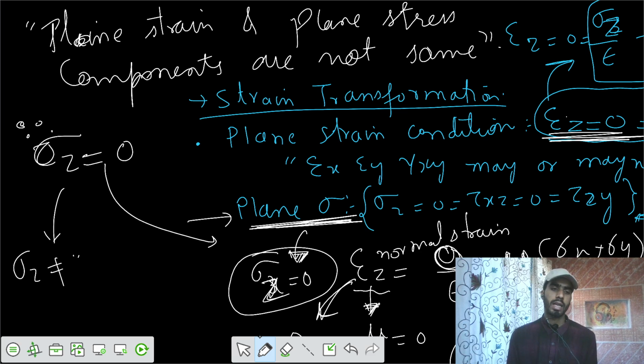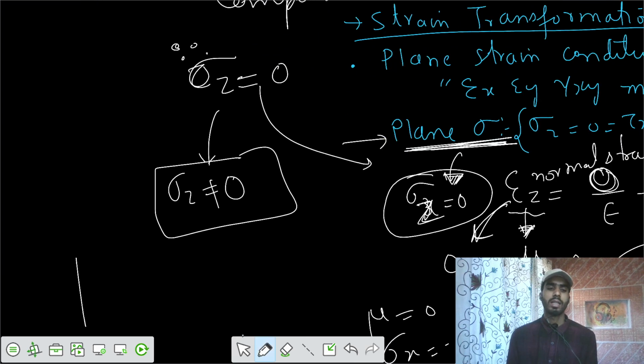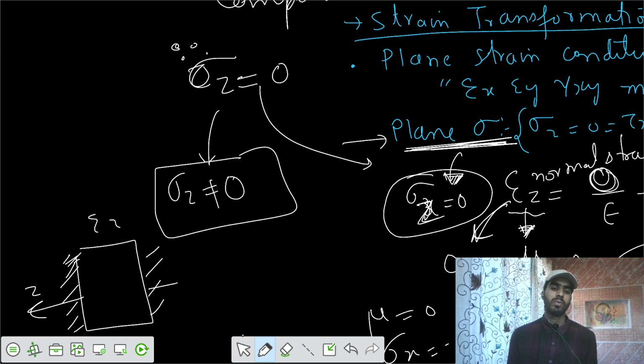It may not be 0 always. If you are preventing strain in z, some stress would get developed in the sigma z direction, in this direction z. There's a chance.